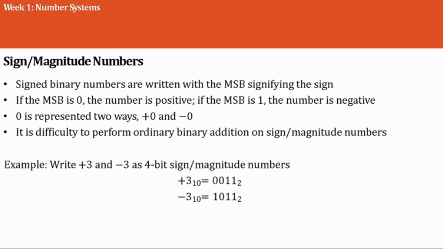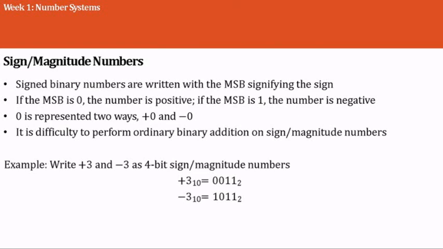And positive numbers may or may not have a plus sign preceding the magnitude. So the signed binary numbers are written with the MSB signifying the sign. The rest of the bits are used for the magnitude, and the number is positive if the sign bit is 0 and negative if the sign bit is 1.